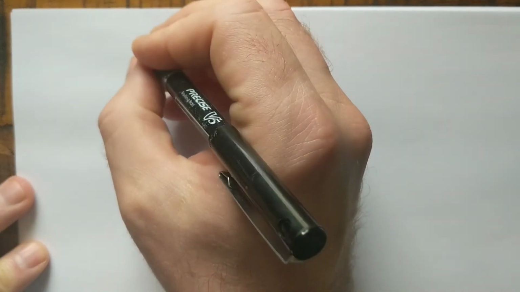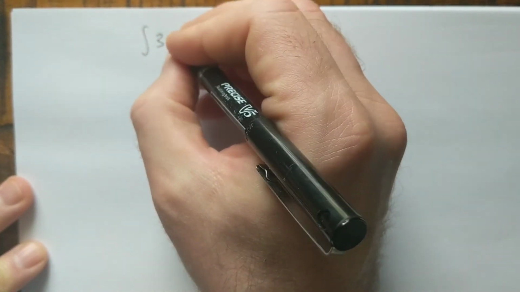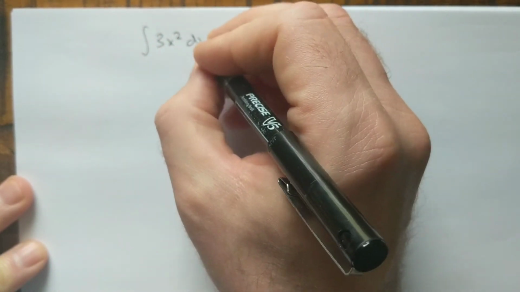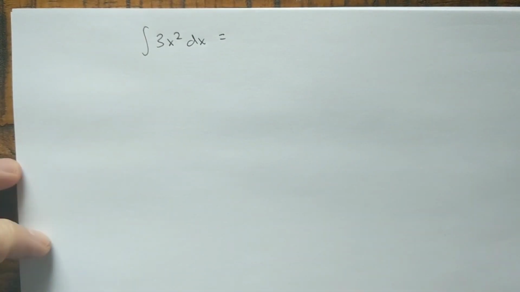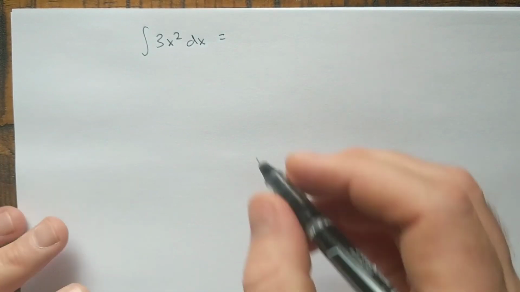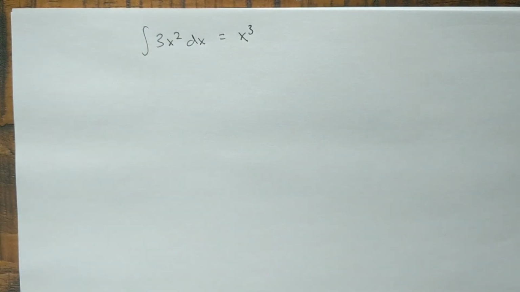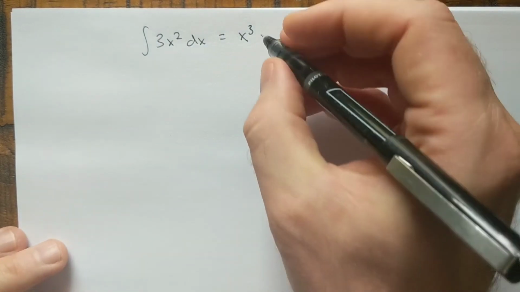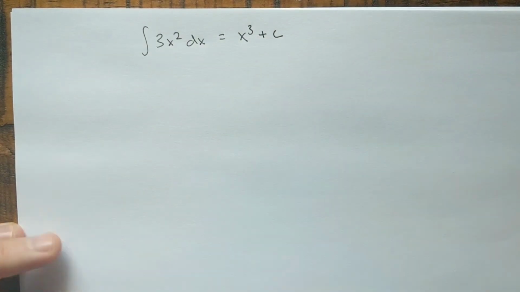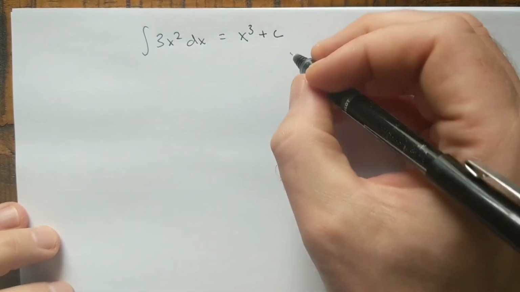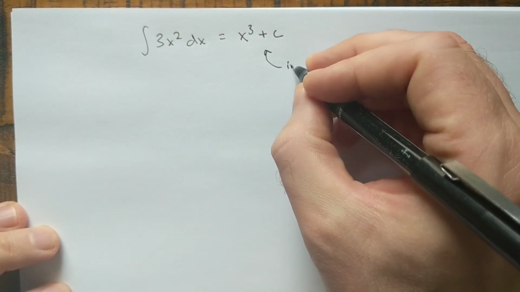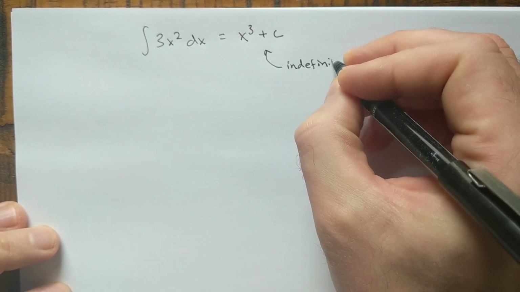Let's see how the example works in this notation. If I'm taking the indefinite integral of 3x squared, the answer is I'm going to choose the simplest possible antiderivative, x cubed, with nothing added on, and then put a plus C. This kind of function with the plus C is what we're calling the indefinite integral.